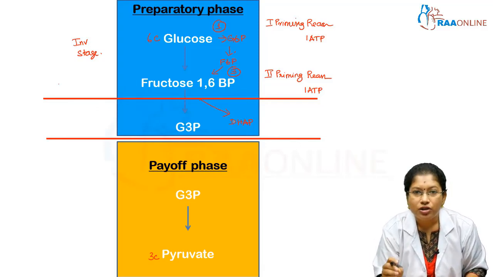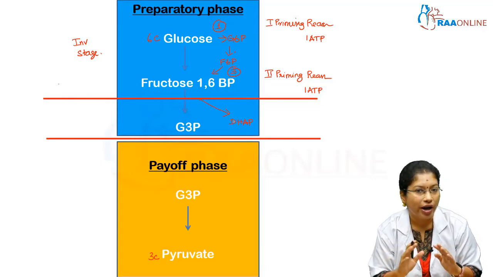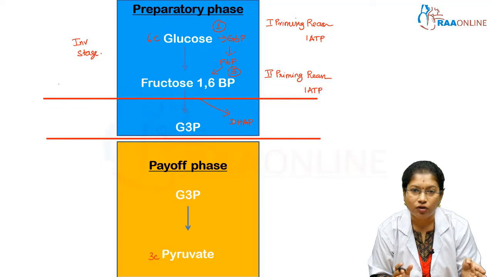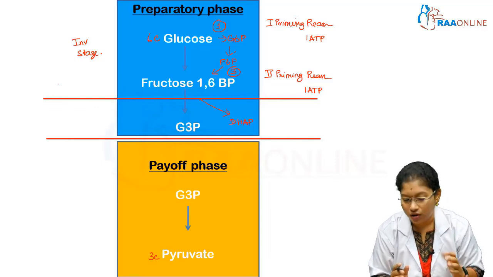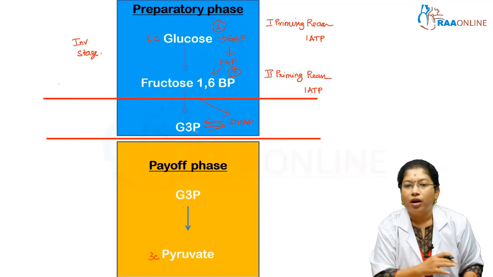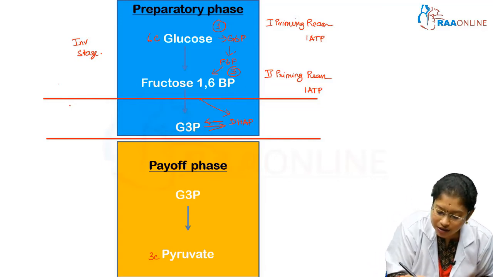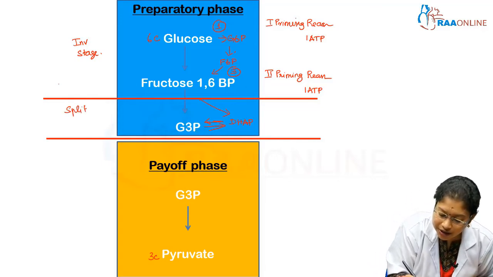Dihydroxyacetone phosphate as such won't enter glycolysis. So it is isomerized to glyceraldehyde 3-phosphate and enters glycolysis. This stage is called the splitting stage.